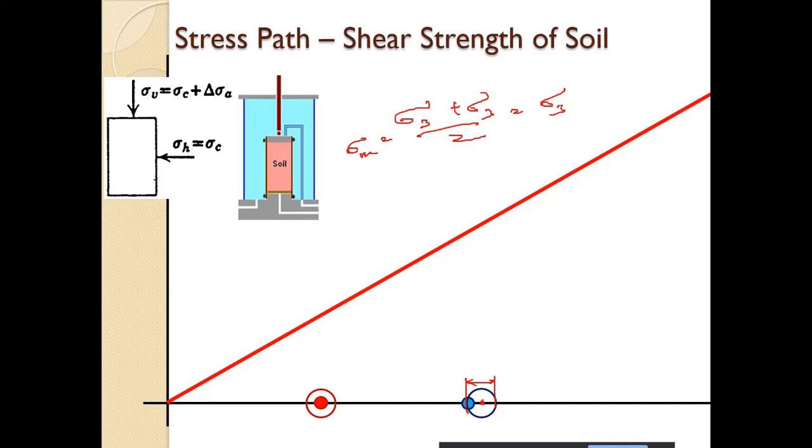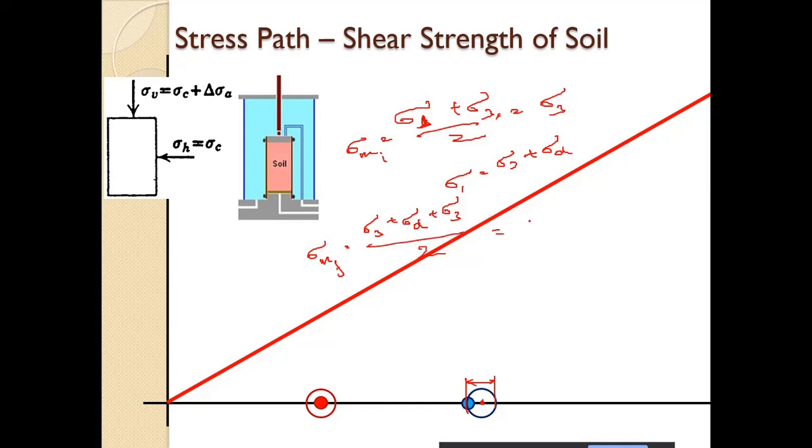Now we have sigma 1, sorry, this is sigma 1. So sigma 1 is equal to sigma 3 plus sigma d. So this is sigma mean initial, and in case of sigma mean final, we have sigma 3 plus sigma d plus sigma 3, divided by 2.